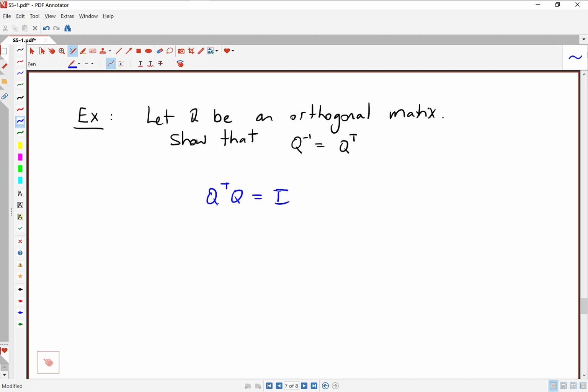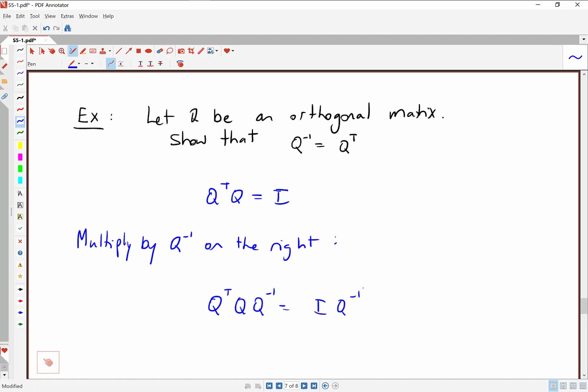So we want to somehow manipulate this equation to figure out that Q inverse is going to equal Q transpose. So the quickest way to do this would be to multiply by Q inverse on the right. So let's hit each expression here on the right with the Q inverse. We'd have Q transpose Q Q inverse equals I Q inverse.